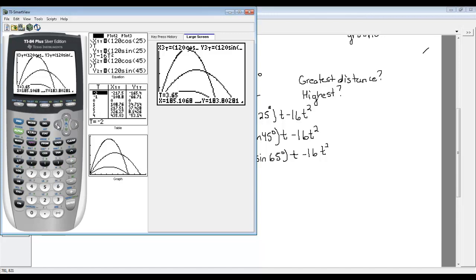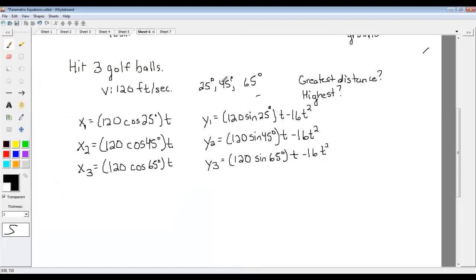Interesting. The Y, the height, you have 184.65, 184.77, 184.81, then all of a sudden it goes back to 184.77. So we can say that the greatest height is around 185 feet. So at the 65 degree angle, we max out the height at around 185 feet.